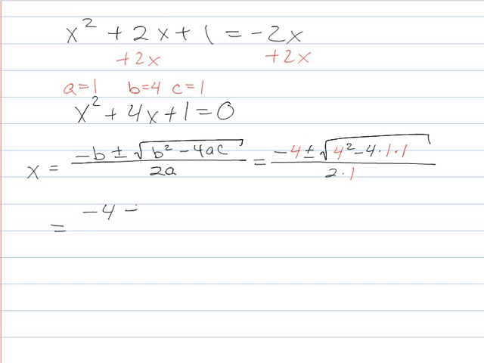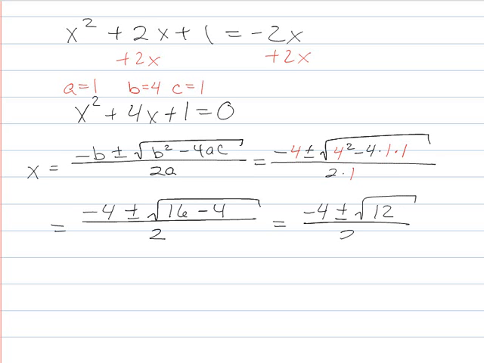So I've got negative 4 plus or minus the square root of 16 minus 4, over 2. So negative 4 plus or minus the square root of 12 over 2.